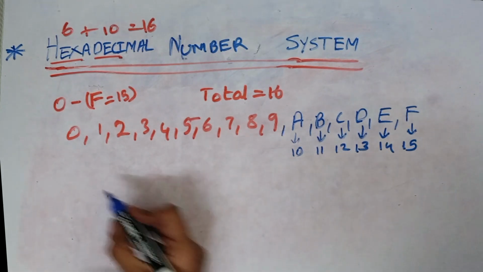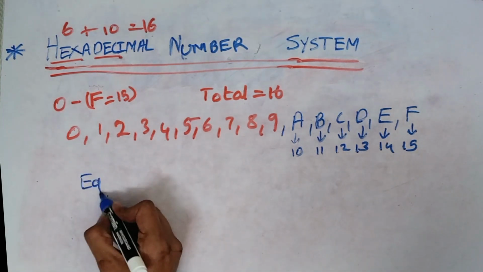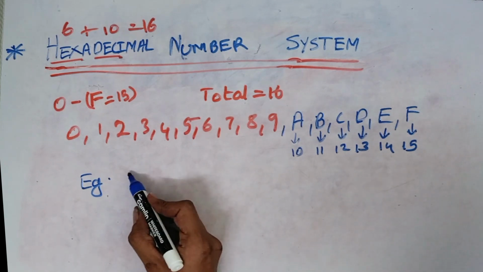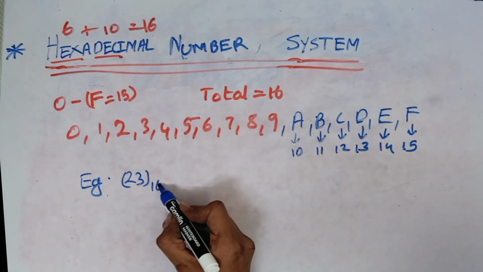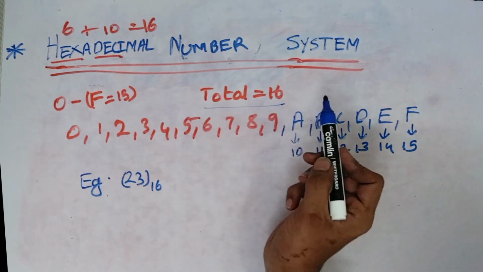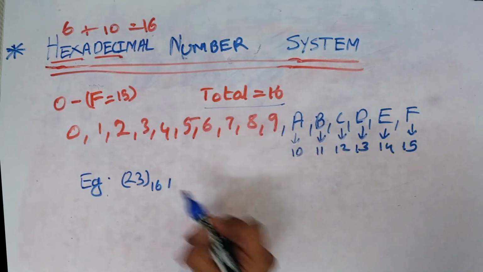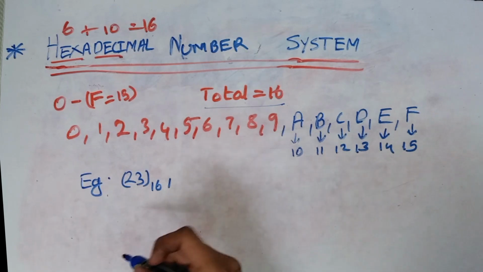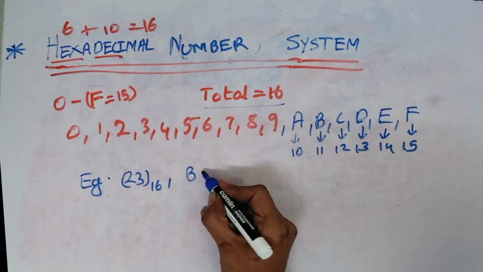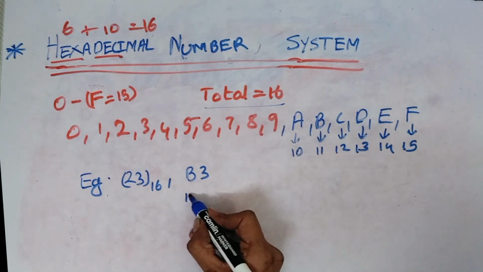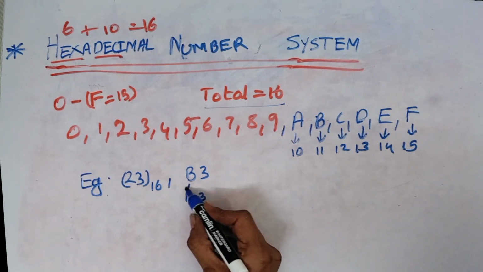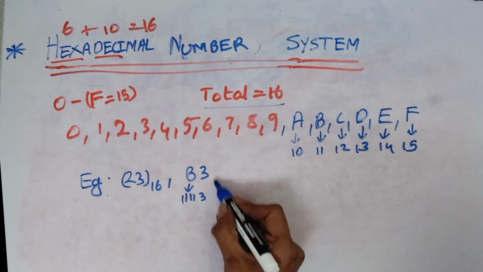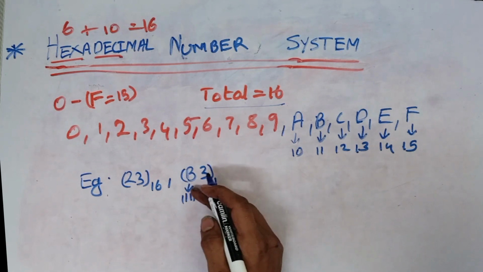For example, 23 is a hexadecimal number, and the base is 16. As I said, there are a total of 16 numbers, so the base is 16. Another hexadecimal number is B3, where B is nothing but 11, and this is 3.